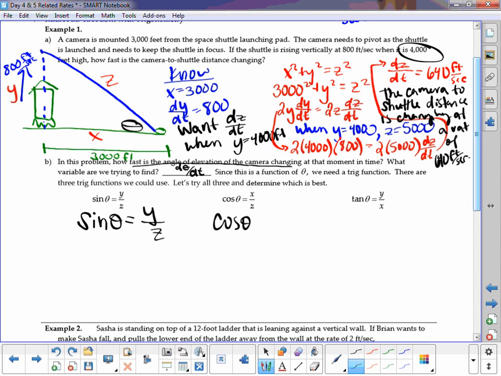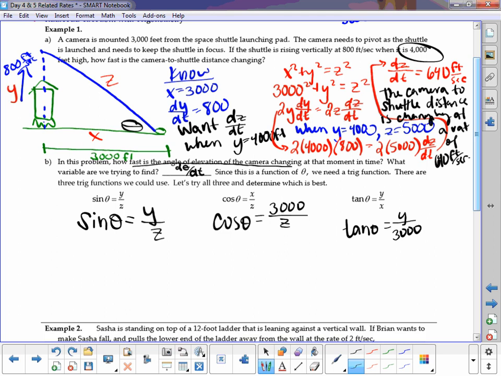X is a fixed value, so we can go ahead and throw that guy in. But my z is changing, so leave that as a variable. And for tangent here, so y is changing, leave that. X is fixed, so we leave that.